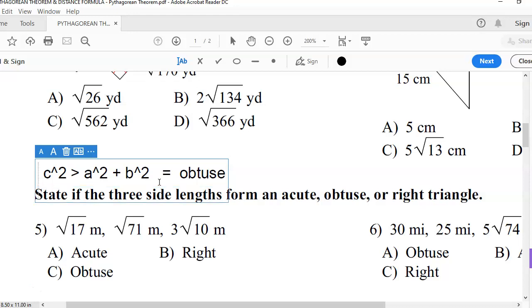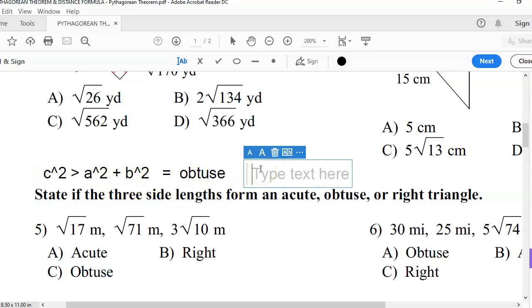Now, the rule is not necessarily that c has to be greater than the other two. Every time you add up two sides, it has to be greater than the other one. But if you have an acute triangle, then you're going to have a different outcome. So if c squared is greater than a squared plus b squared, that is an obtuse triangle.